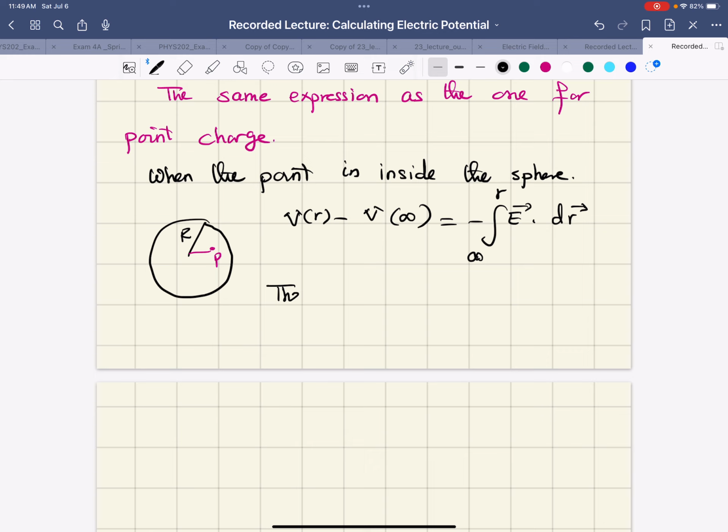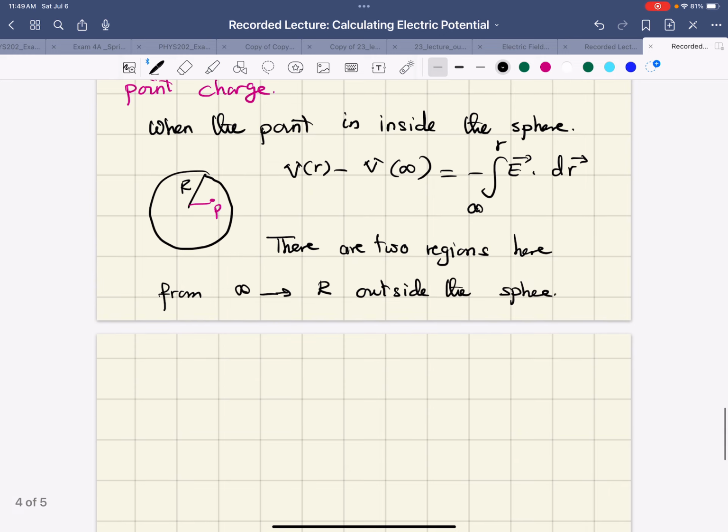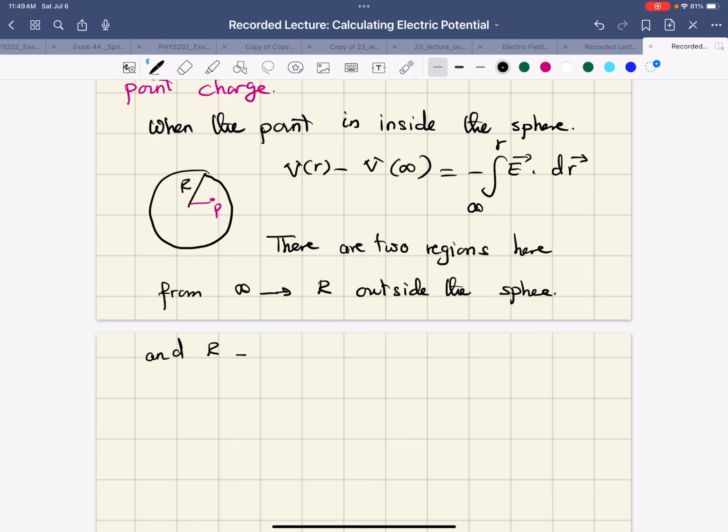On my way from infinity to r, I am moving from outside the sphere to inside the sphere. So I need to dissect my integration: from infinity to R, which is outside the sphere, and R to 0, inside the sphere.